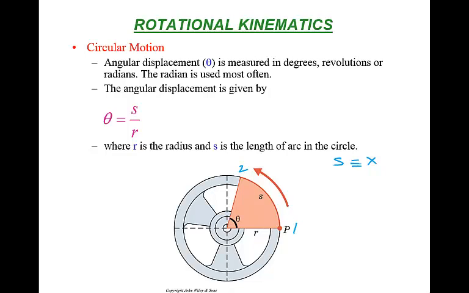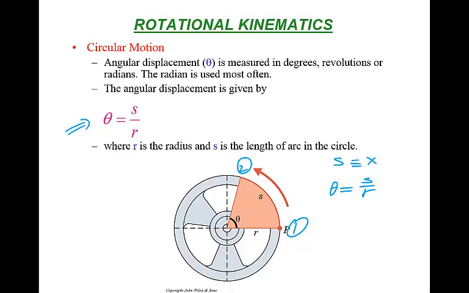The amount of angle swept by this point P when it goes from point 1 to point 2 is the angle theta, which can be evaluated in radians. Be careful, it's in radians. Theta equals the size of the arc divided by the radius, which is this equation right here.